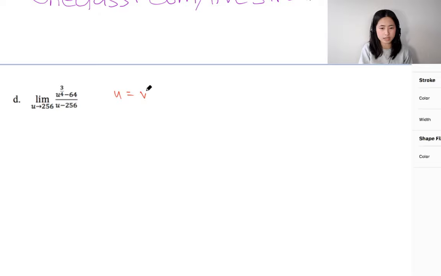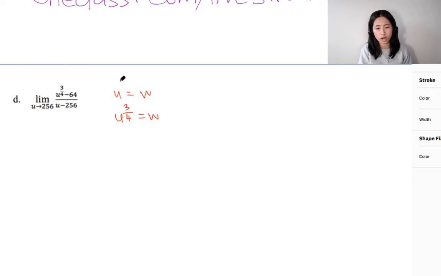Because this is u raised to the power of 1, we also have u raised to the power of 3 over 4, which is what we wanted to simplify. We're going to say that this is w raised to the power of something. So if you have u raised to the power of 1 and this is w raised to the power of 1, you're going to think of a ratio between u raised to the power of 1 and u raised to the power of 3 over 4.